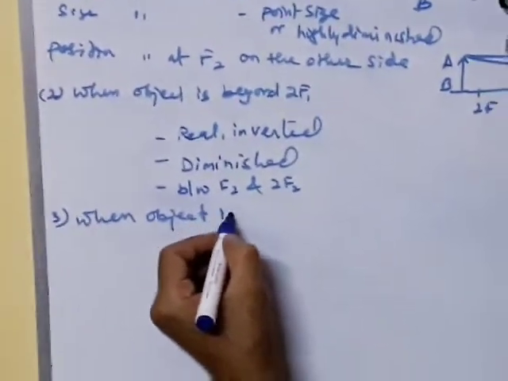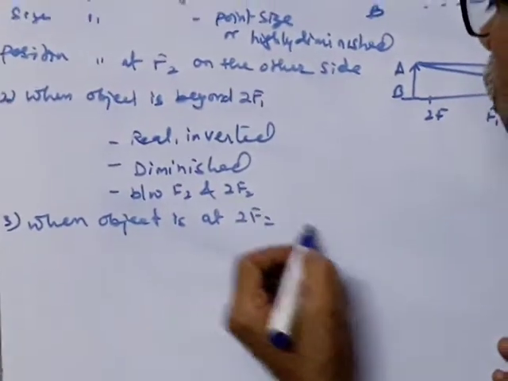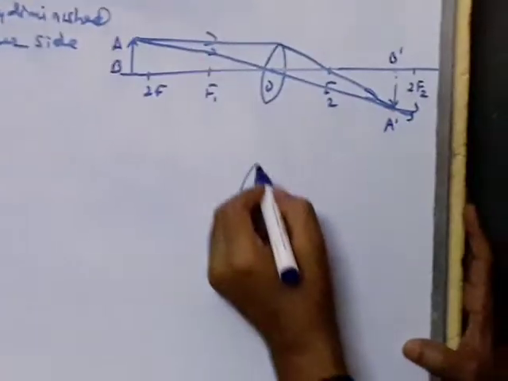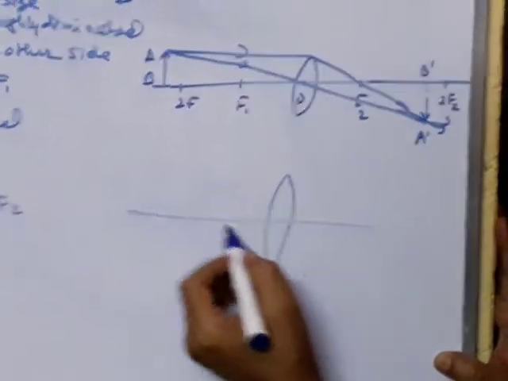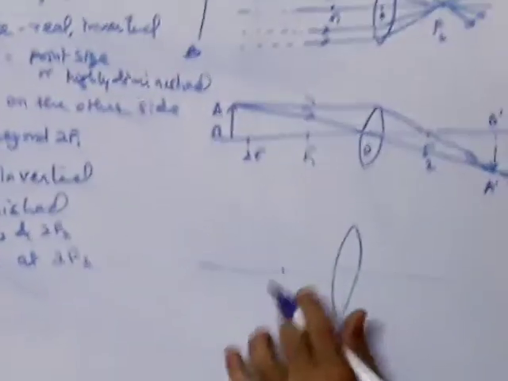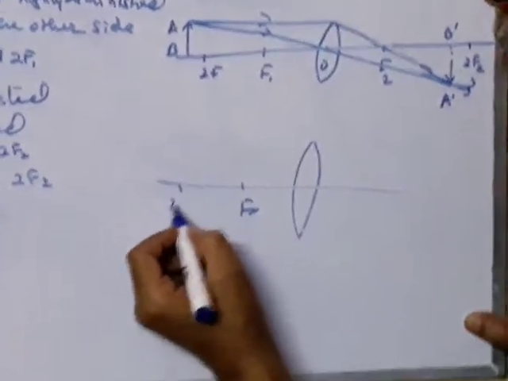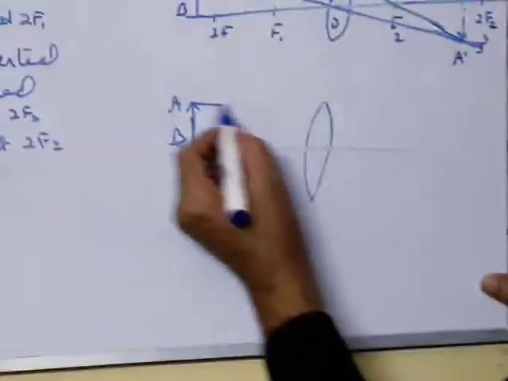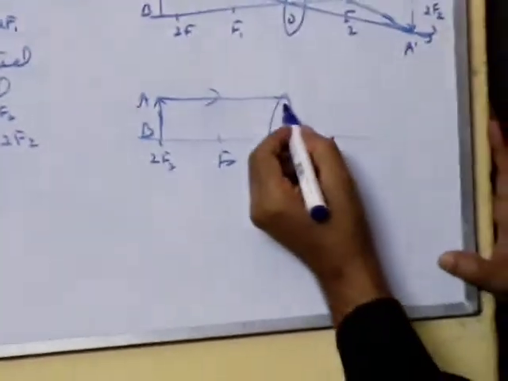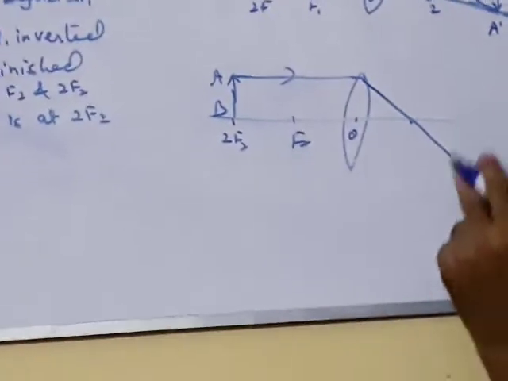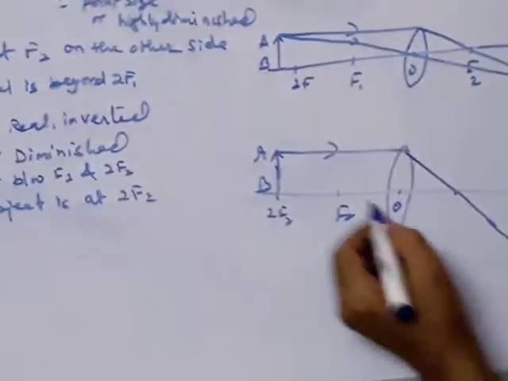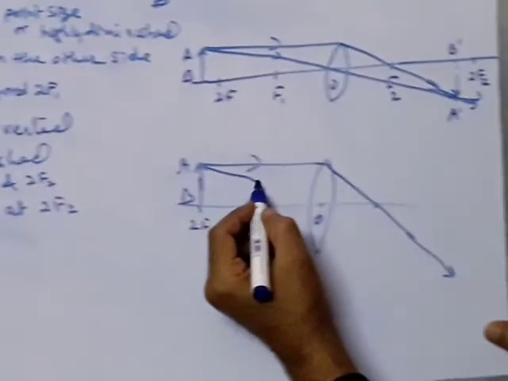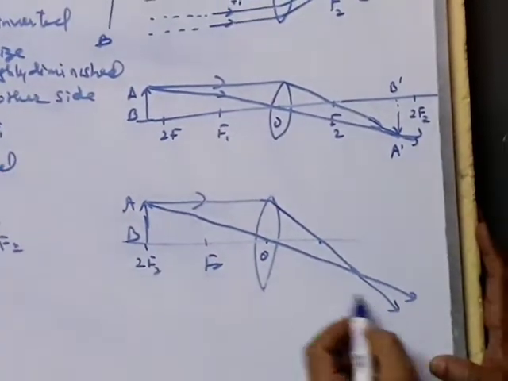Now we are taking the third case, when the object is at 2f1. With the help of this ray diagram, put the object AB at 2f1. Select a ray parallel to the principal axis from A. After refraction, it passes through the principal focus. Select another ray which passes through the optical center, so it goes straight.